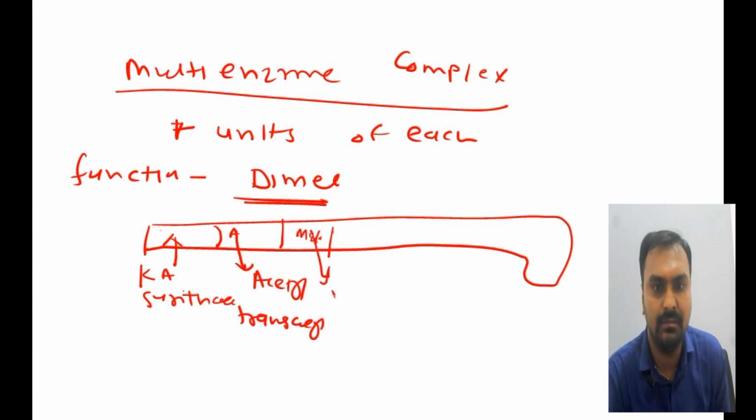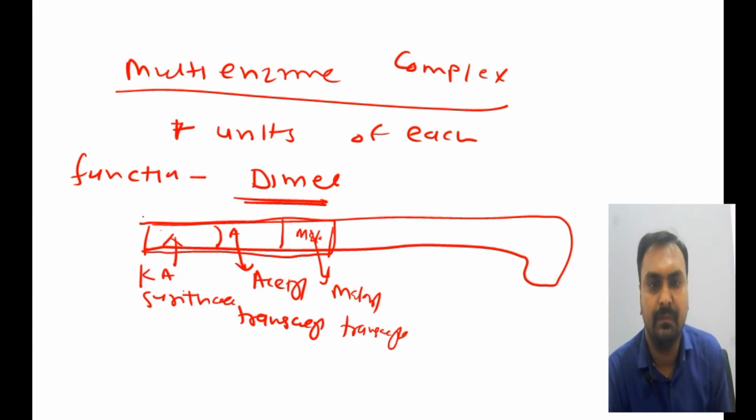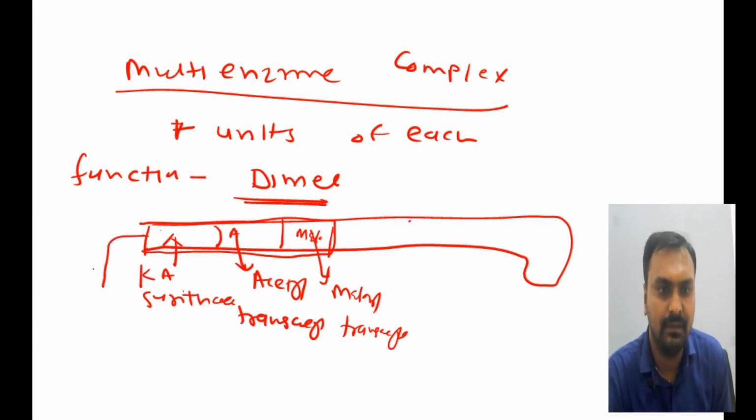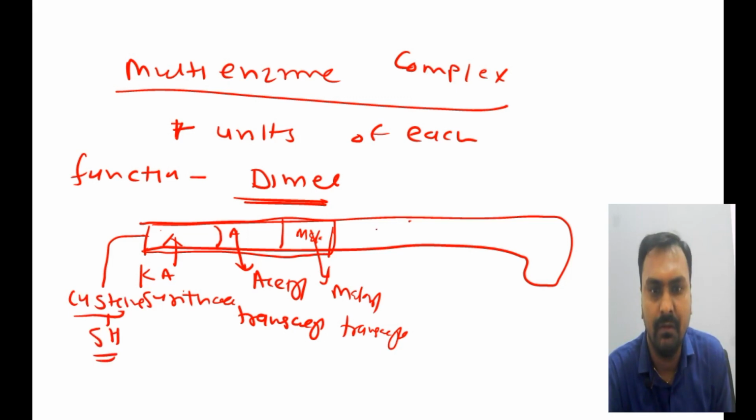Malonyl, this is malonyl transacylase. So these three are the first required for fatty acid synthesis, and this ketoacyl synthase is attached with cysteine, so it contains the sulfhydryl group. So this is one monomer which consists of the 7 enzymes.